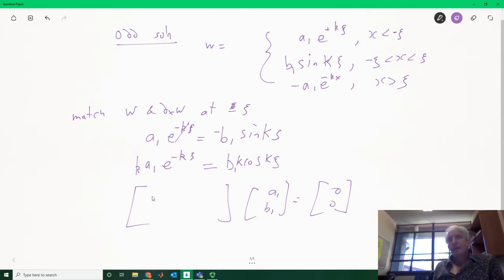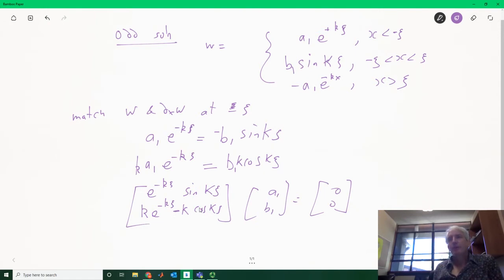Sorry, whoops, I can't do that yet. So minus k zeta sine kappa zeta, and k e to the minus k zeta and kappa cos kappa zeta. Okay, and obviously I bring this over, sorry, I've got to put a minus sign here.